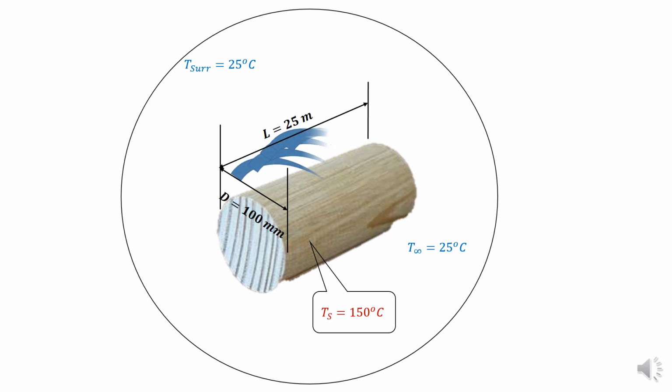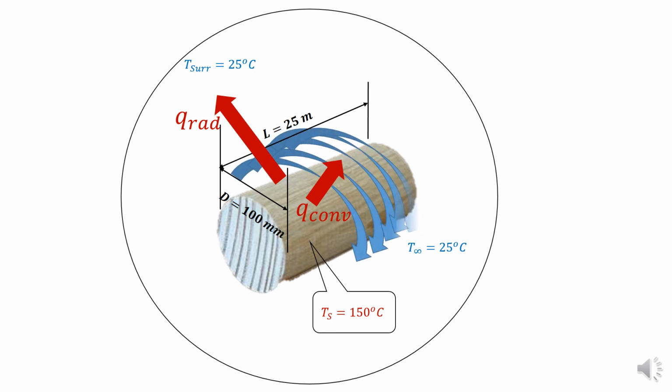Since the pipe is at higher temperature and the air and surroundings are at lower temperature, heat will be lost from the pipe to the air and walls. Heat loss from the pipe to the surroundings will be in the form of radiation, and heat loss from the pipe to the air will be convection heat loss. The overall heat loss will be the sum of convection and radiation.